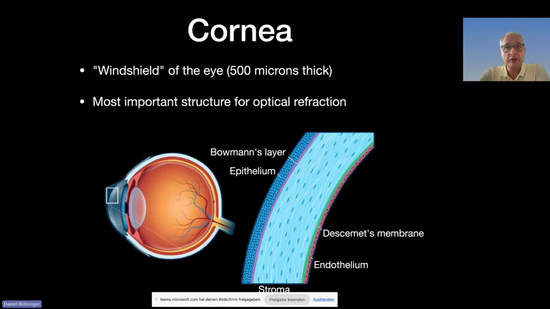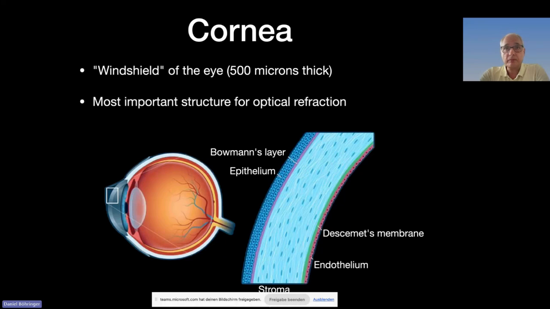And this is due to the highly regular ultrastructure that comprises, from the outside to the inside, the epithelium, and then with the basement membrane of the epithelium, the Bowman's layer, and then there is the stroma. And on the other side, towards the interior face of the eye, there is the corneal endothelium resting on Descemet's membrane.